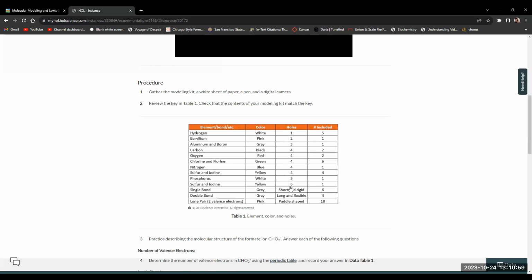The single bonds are represented by these tiny sticks. I don't have a camera, but I can draw, and they kind of look like that. I don't know if you can see the tiny drawing in the corner, but that represents a single bond, while the longer version represents a double bond.